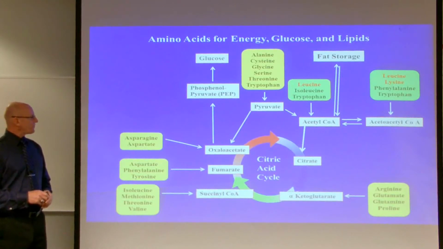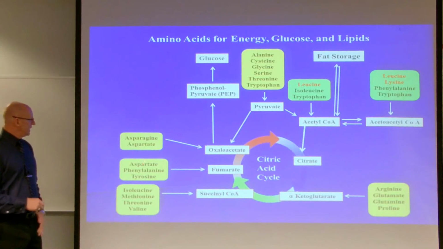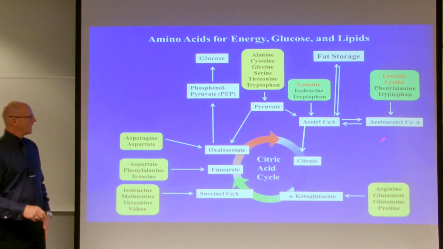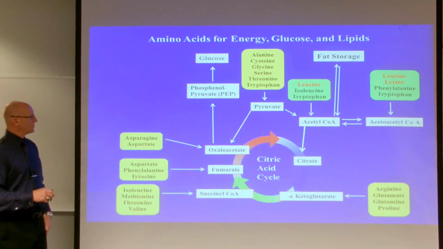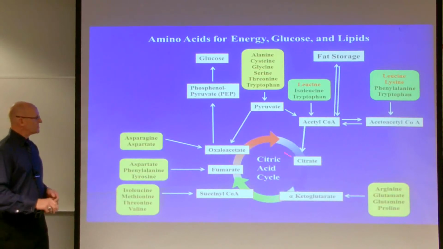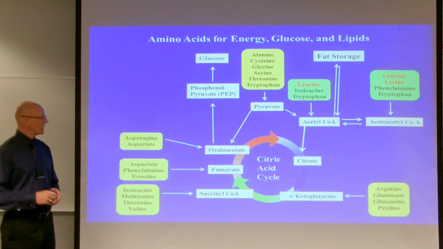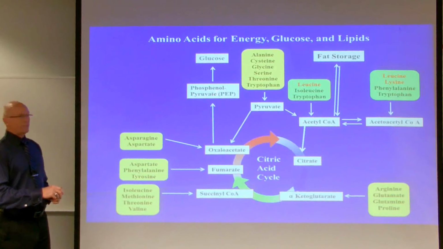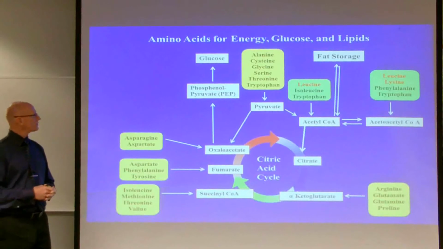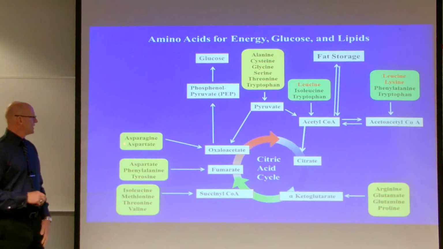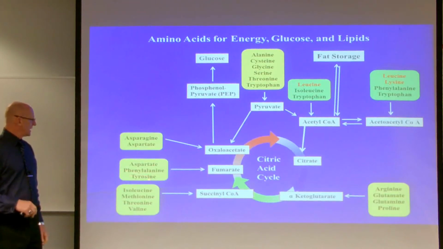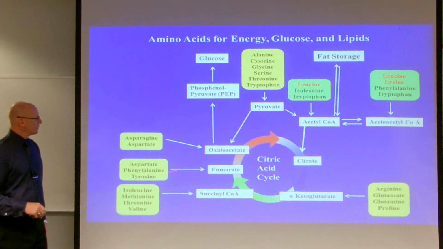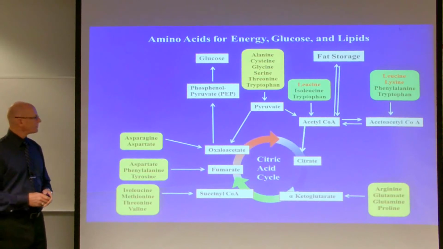So we have the amino acids, asparagine, these in yellow are glucogenic, meaning that they can make glucose. They can go around the citric acid cycle and go to the electron transport chain, or they can come back up to oxaloacetate, make PEP, phosphoenolpyruvate, and then make glucose through gluconeogenesis. Again, that's not a reverse of glycolysis. So these amino acids, asparagine, aspartate, phenylalanine, tyrosine, all come into different intermediates of the citric acid cycle.